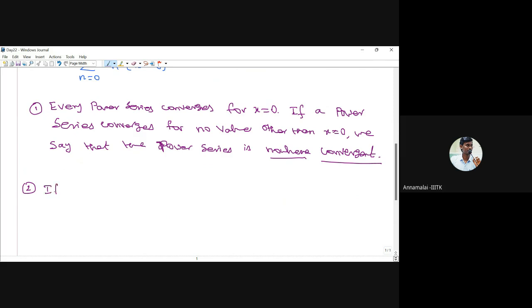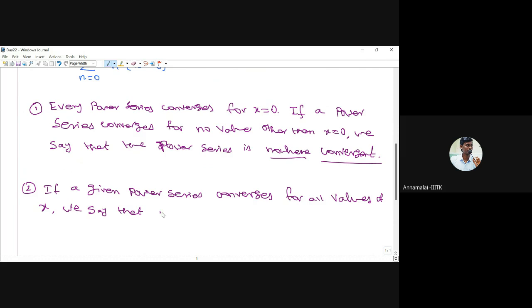So if a given power series converges for all values of x, we say that the given power series is an everywhere convergent series.